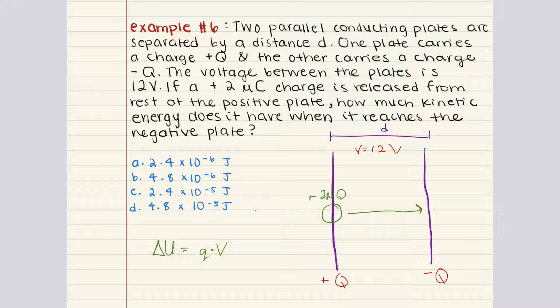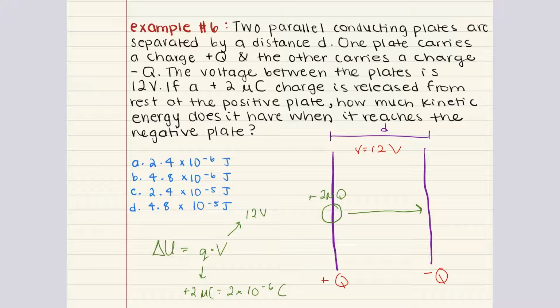Q is the charge, which in our case is plus 2 microcoulombs, which is equal to 2 times 10 to the minus 6 coulomb, multiplied by V, which is the potential difference, which is equal to 12 volts in our case.